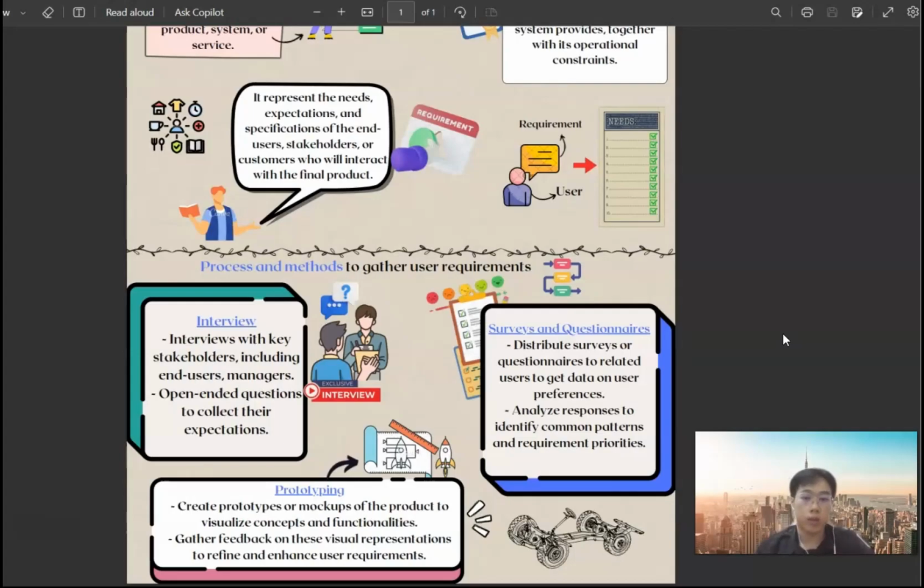After creating and testing the prototypes, we can gather user feedback on these visual representations to refine and enhance user requirements. Also the same as the survey and questionnaire, I have made my own processes for this prototyping to gather user requirements.